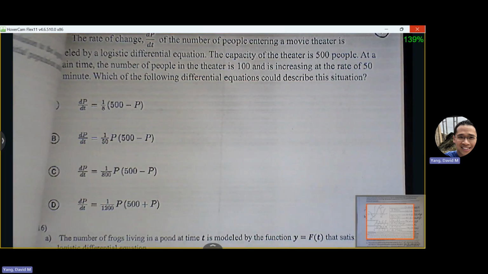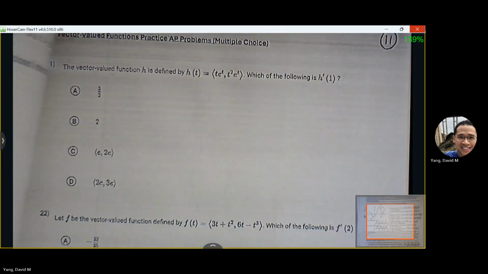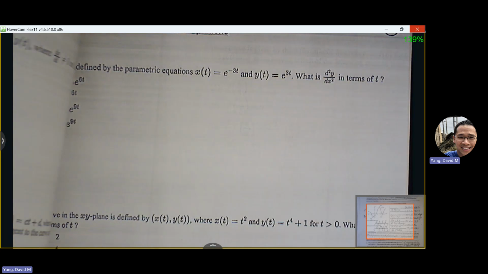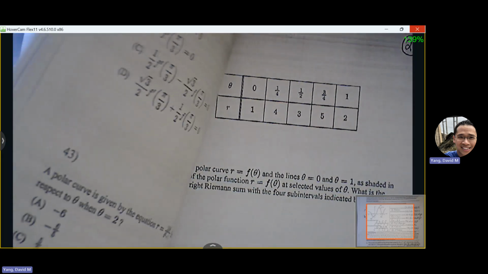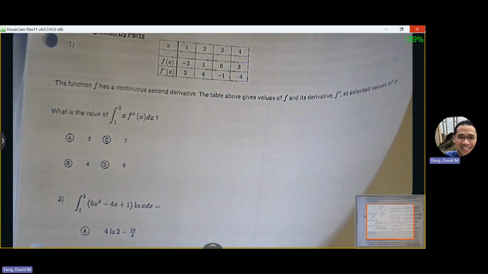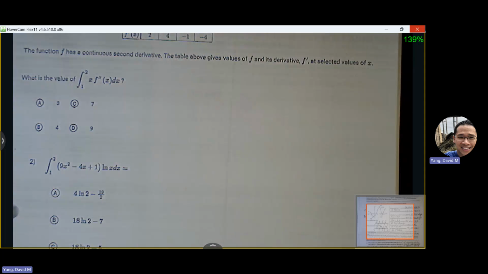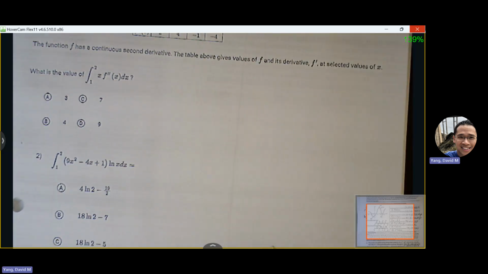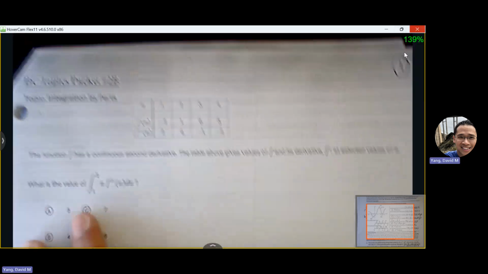And then tomorrow we'll do logistic models, arc length, vector valued functions, and then I hope that on Friday we can just focus all of our attention on polar area. And then we should be able to get through hopefully most, if not all, the packets by Friday, or by the time we get back from break.